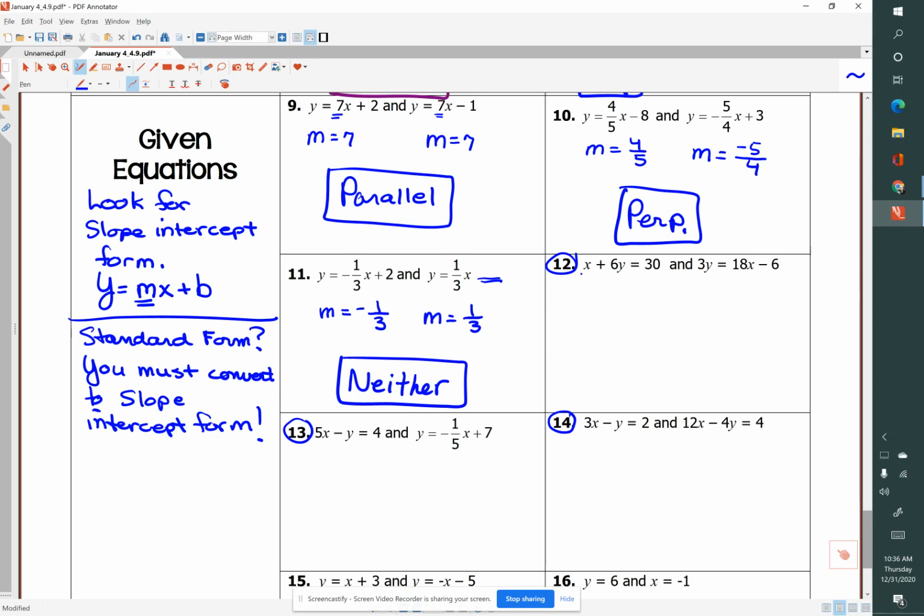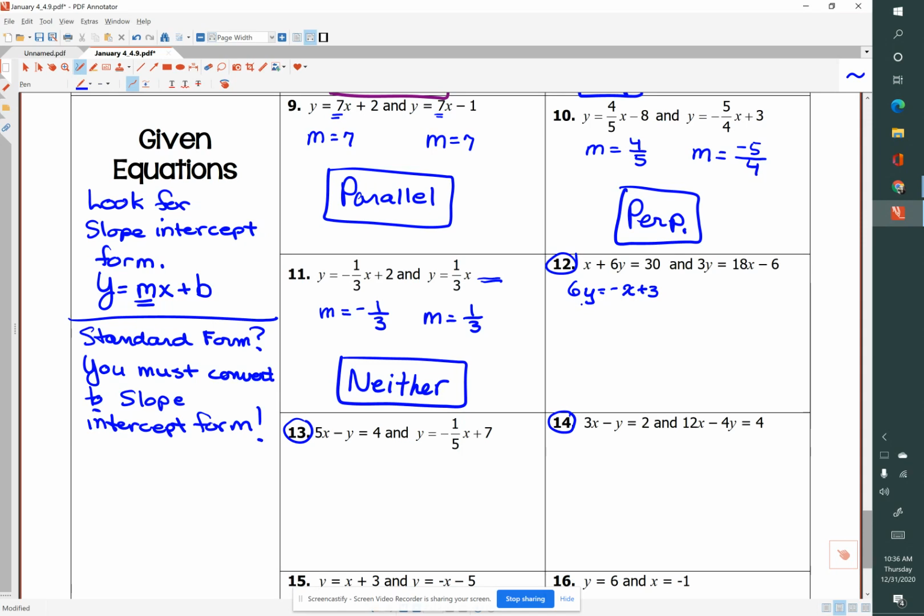So we're going to move x to the other side of the equation, which will give us 6y equals negative x plus 30. And remember, I like to put x as the first term on the right because I'm looking for that slope-intercept form, y equals mx plus b.